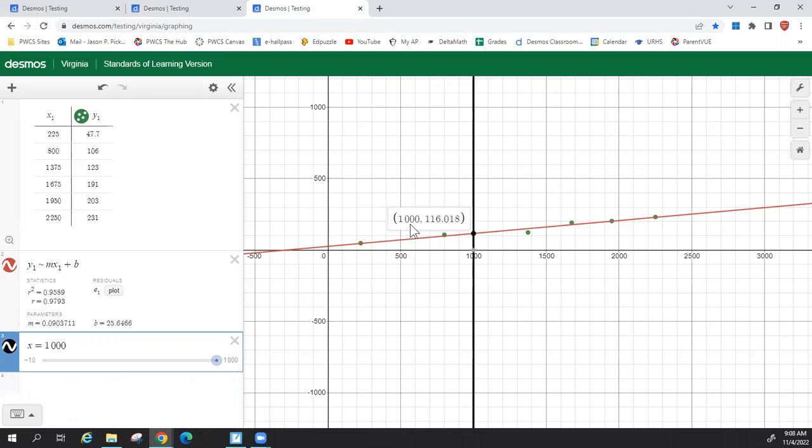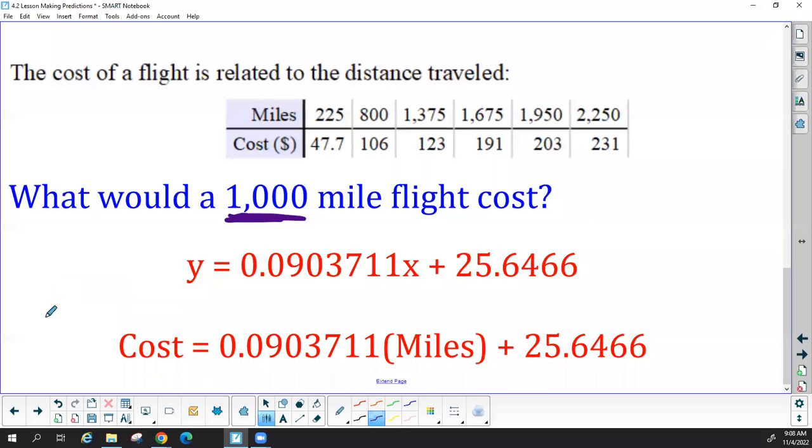There's my X, which is 1,000. My prediction for the cost is $116 and approximately 2 cents. So we would expect to pay approximately $116.02 to fly 1,000 miles.